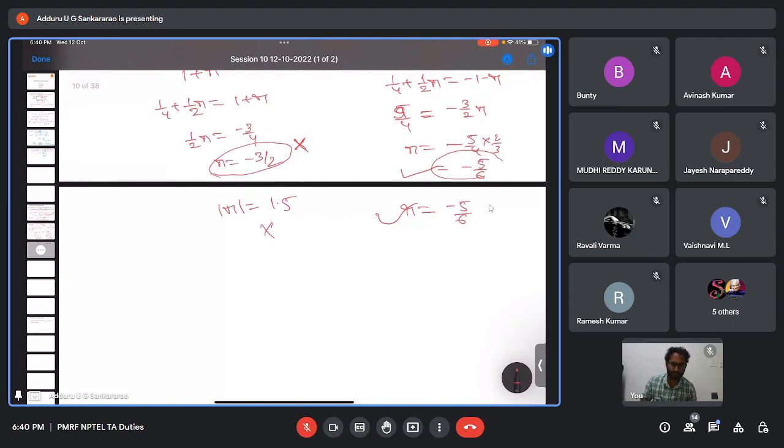This is the procedure. There may be some calculation mistake, but two values we're getting for R. So one is valid and another one is invalid because the condition given in the question is mod R less than one. So the second one is satisfying. The first one is not satisfying. Is that okay? The procedure is okay.